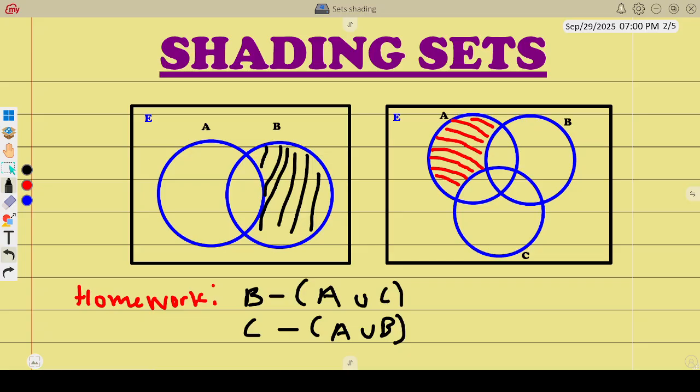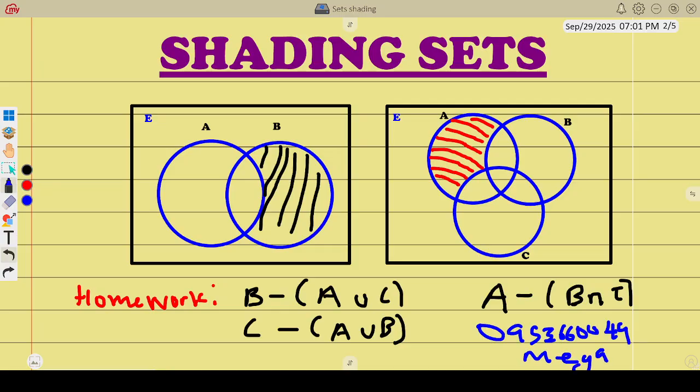So shade these and show me your work, and let me even twist something a bit. Also try shading this. If you get stuck, you can always let me know. You can inbox me on this WhatsApp line.